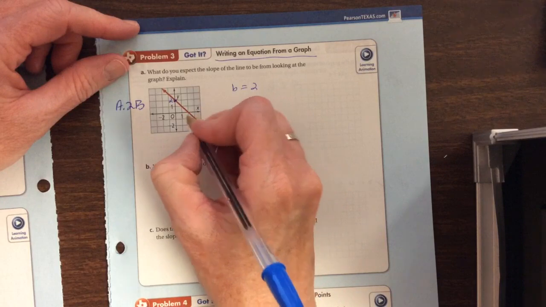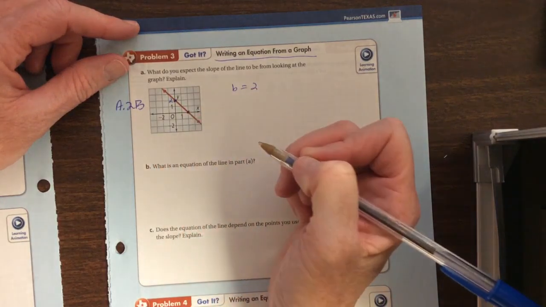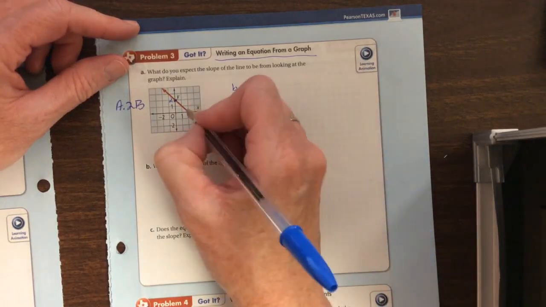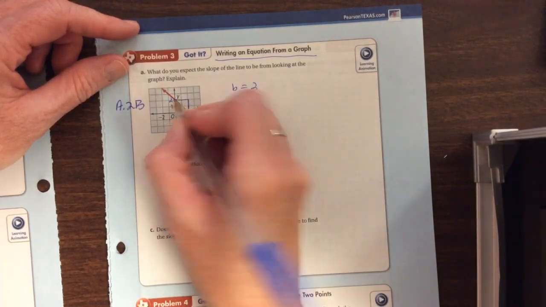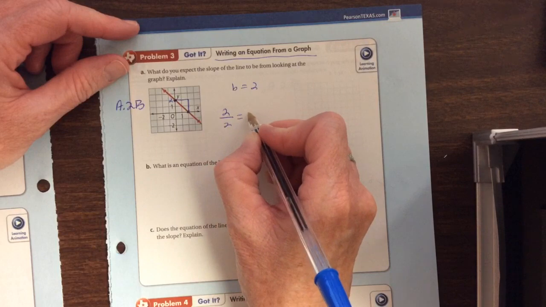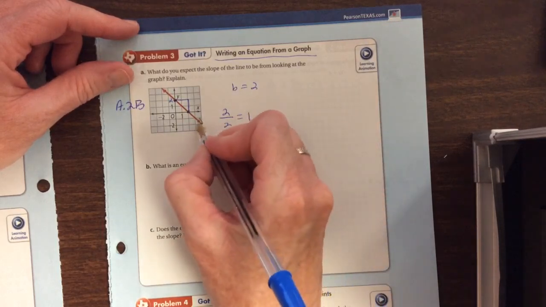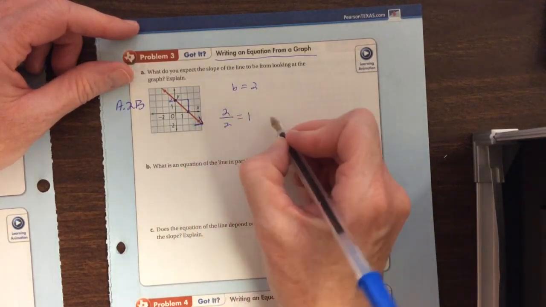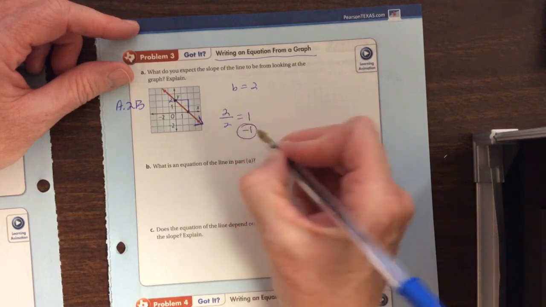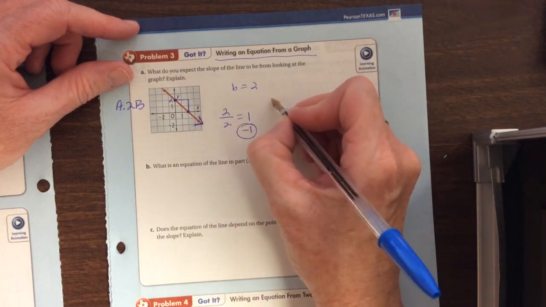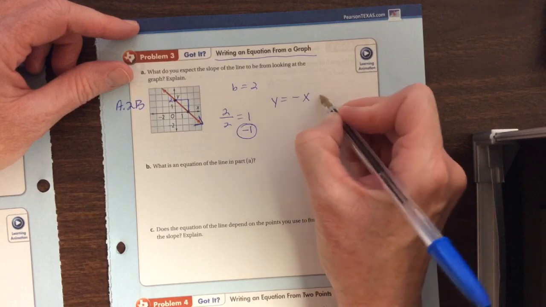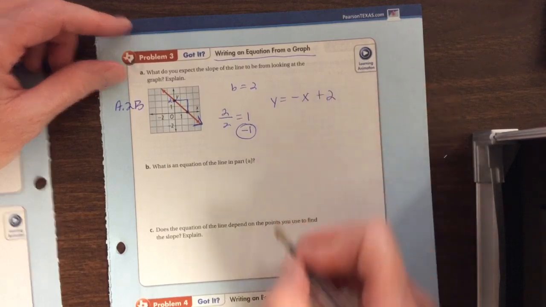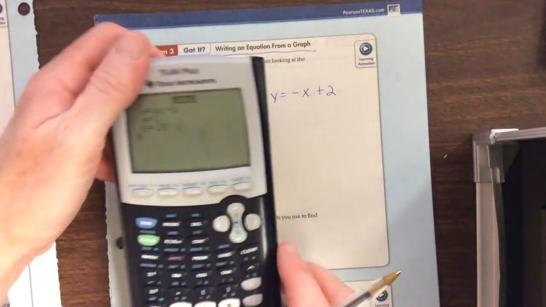And now I need to find another point and do my rise, 1, 2, and my run, 1, 2. Once again, we're going to have a 1. But this line is going down, so our 1 is going to be -1. So when we write the equation, we're going to write y equals -1x plus 2. And then you can check it and see if it's right.